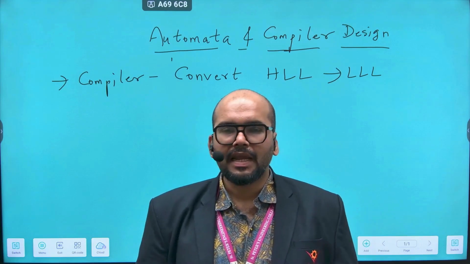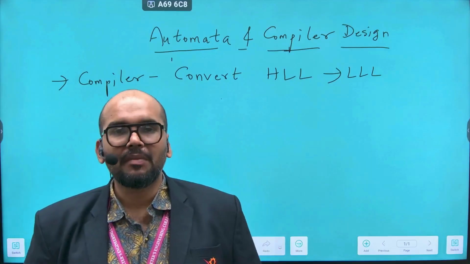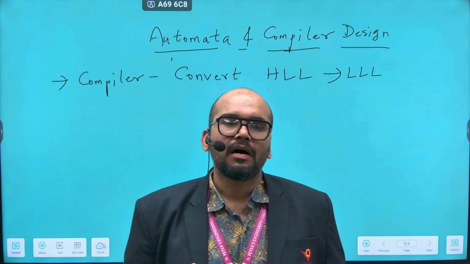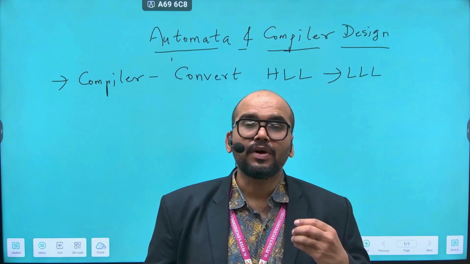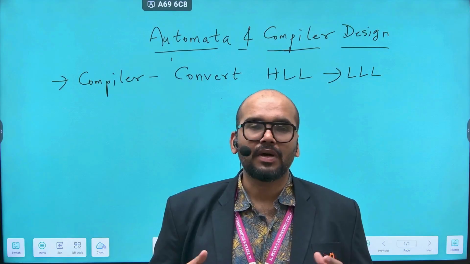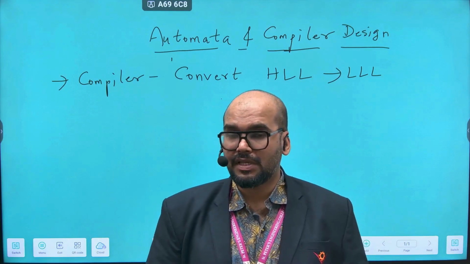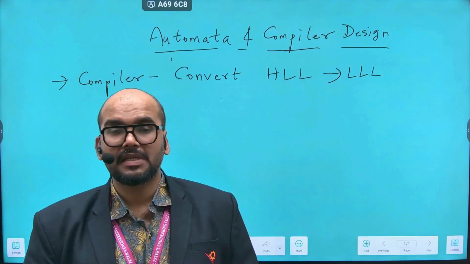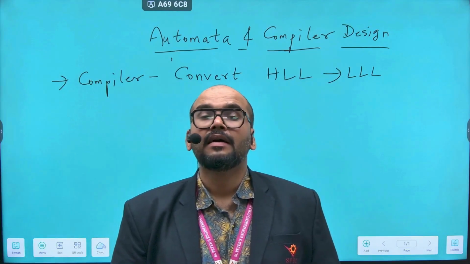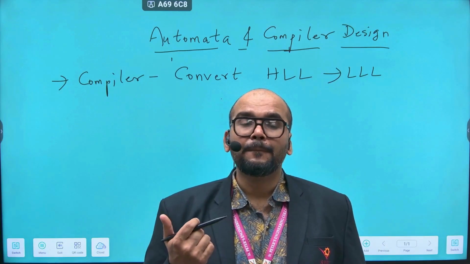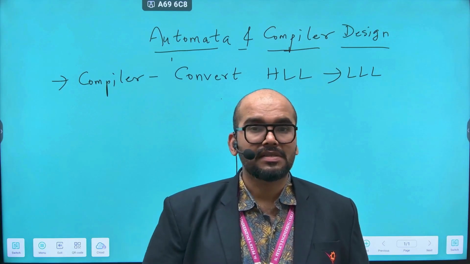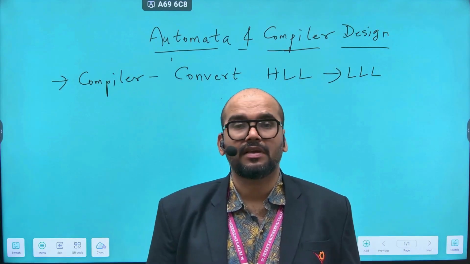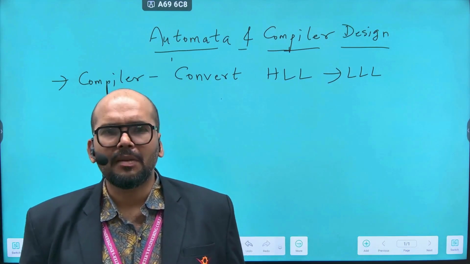When we write a program in any programming language, that programming language can be anything. That can be C, Java, C++, Python, .NET, Scala, Pascal, Algol, Fortran, EFL, Smalltalk, Logo, Basic. Like that, we have many programming languages.